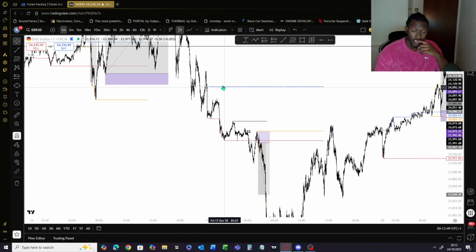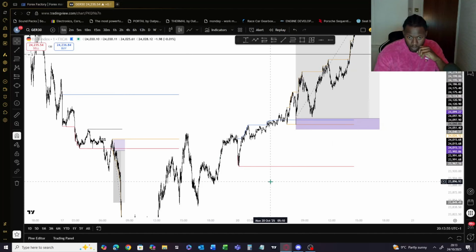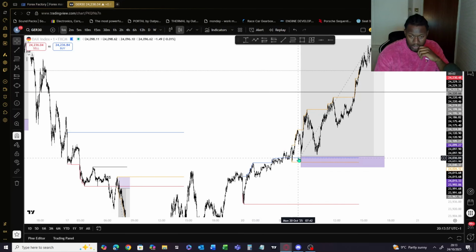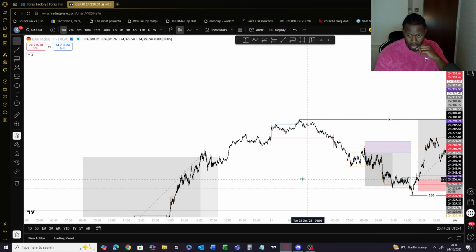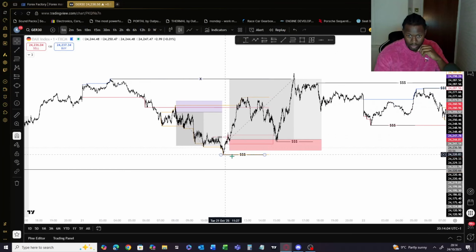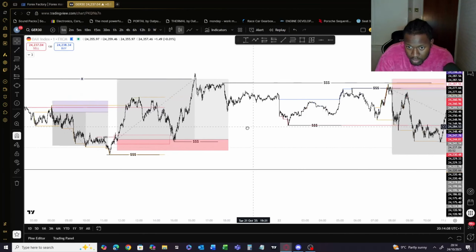The inducements that we're seeing: Asia highs, Asia lows, retest, inducement. Reversal, boom.